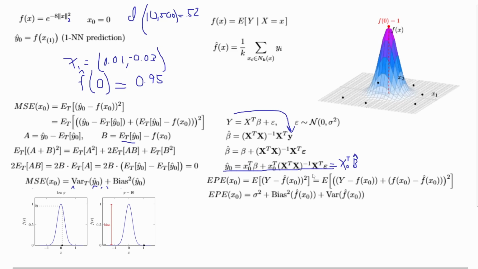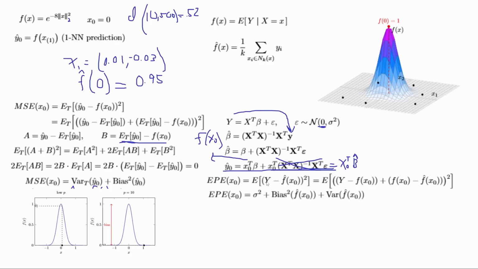It's just the expected value of this expression. The error term has mean 0, so this whole term cancels out, and we're just left with this term here. This is f of x0. And so that's why the bias term goes to 0.